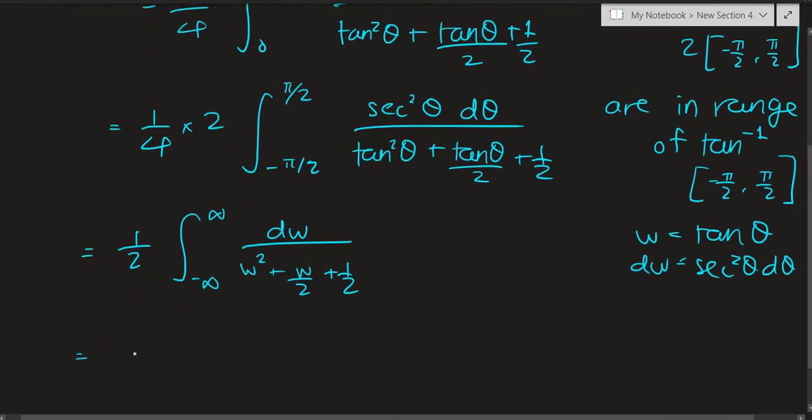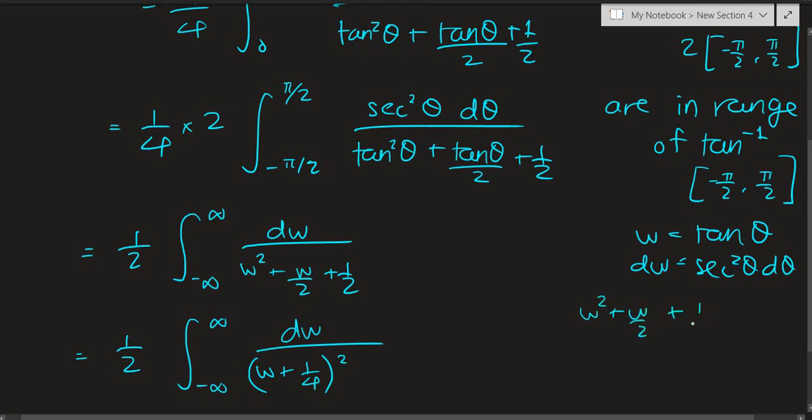So now we can just complete the square, nothing great about that. We have half of the integral from negative infinity to positive infinity of dw divided by w plus half of this. So half of half is 1/4, but the whole thing squared. Because now when you square this, you're going to obtain w squared plus w by 2 plus this additional 1 by 16 term.